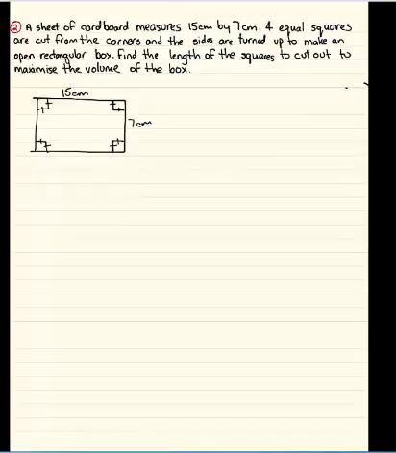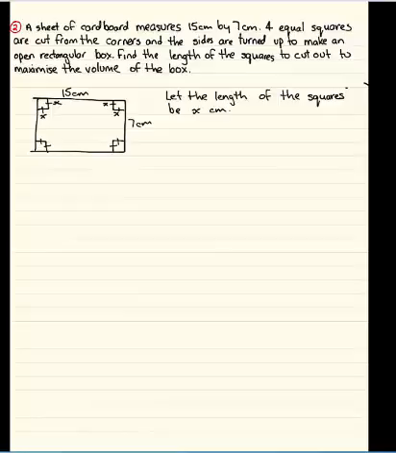So if we started off with a length of 15 centimeters and a width of 7, and we're cutting out some unknown length to make these squares, that's going to be our x. Okay, so name your unknown and then go back and say, well, what does that mean to my diagram? All those little bits that we're cutting out are x.